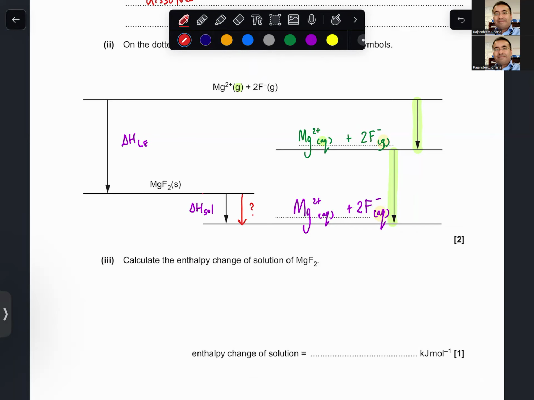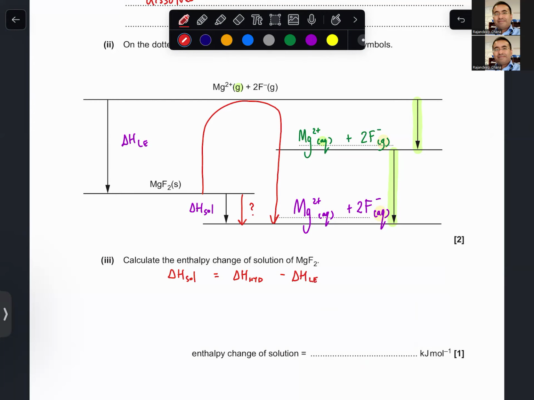We're going to go against this arrow. We are going to go with this arrow and with this arrow. That means the enthalpy change of solution is equal to the enthalpy change of hydration minus the enthalpy change of lattice enthalpy.